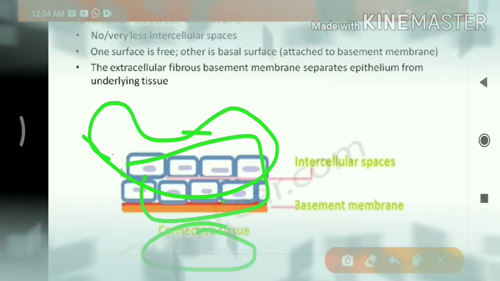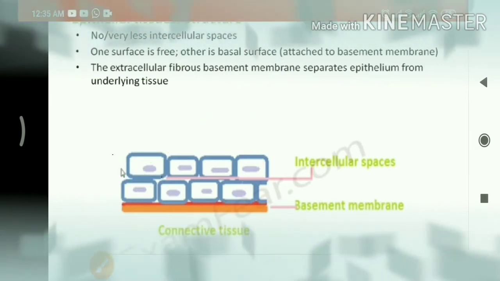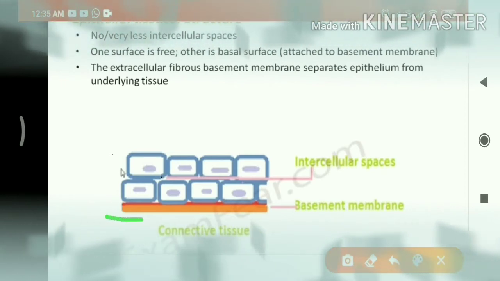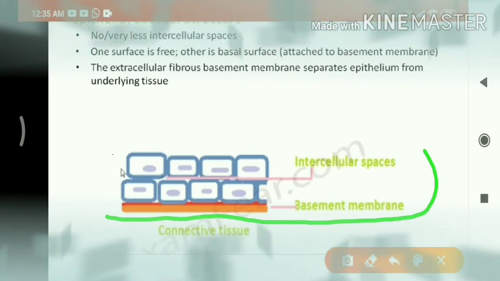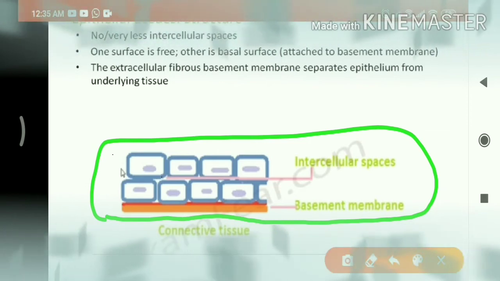Here you can see the structure of epithelial tissue, and here the connective tissue. Before that I told you about connective tissue. Connective means connection of different organs.